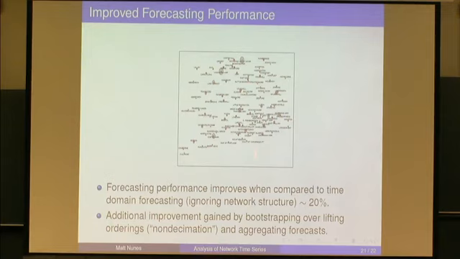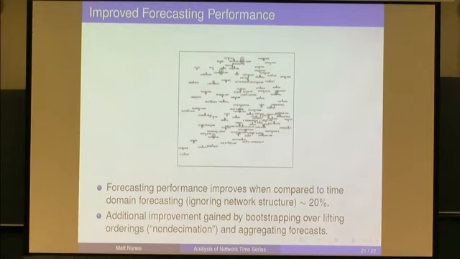I can't remember what forecasting method it was, but I wanted to show that there's a difference in where you get the relative improvements, and it would be interesting to see why you get a lot of improvement at some nodes rather than others. I didn't want to make any big claims here, because there are no simulation studies, but in all the examples I've looked at, there's quite a lot of improvement. You're using the same forecasting method, but once in the time domain and once in the transform domain.